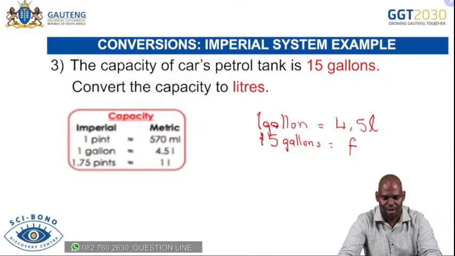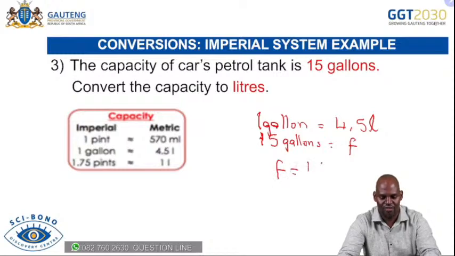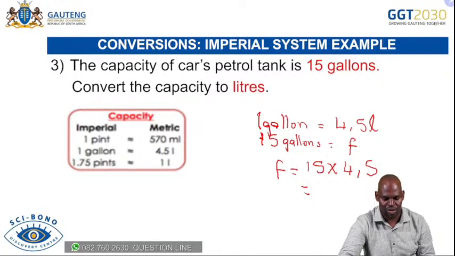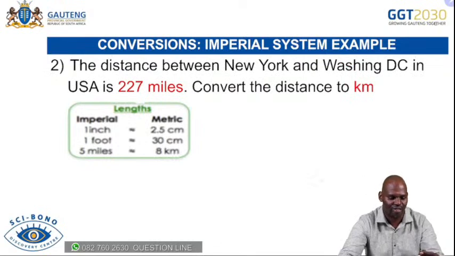For the cross multiplication, we've got 1 times F, and we're going to get 15 multiplied by 4.5. If you use your calculator, 15 multiplied by 4.5 is 67.5. So that is about 67.5.